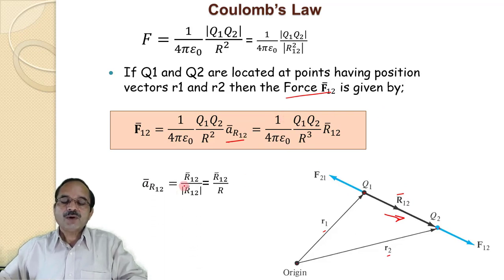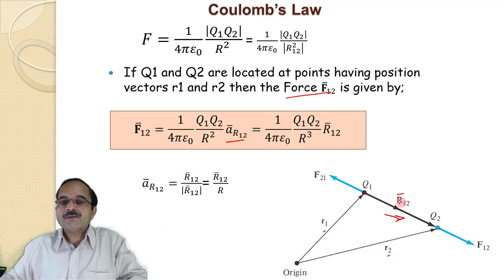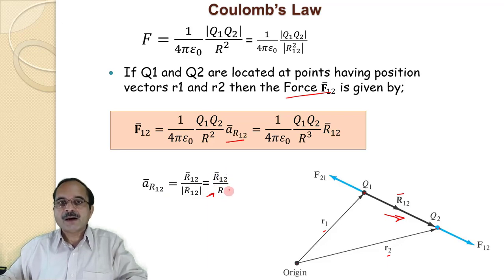Now AR12 is the unit vector along vector R12, so that is vector R12 divided by magnitude of R12. So if I take magnitude of R12 as R, then AR12 is vector R12 divided by R. So substituting this here, this gives me R12 upon R cube.